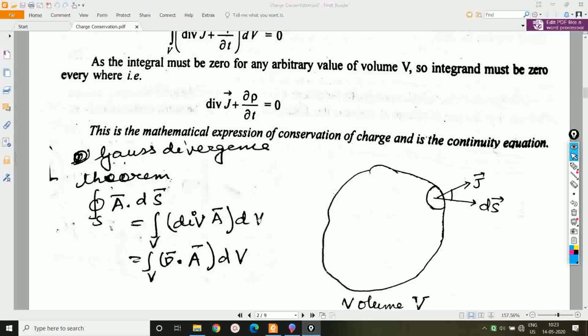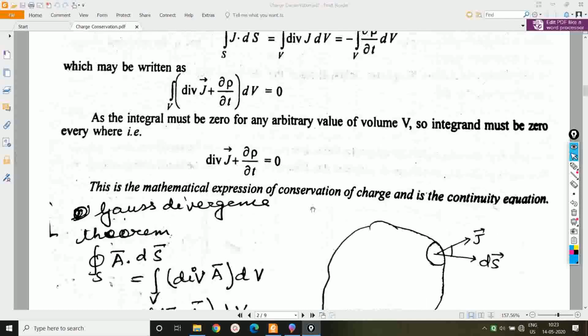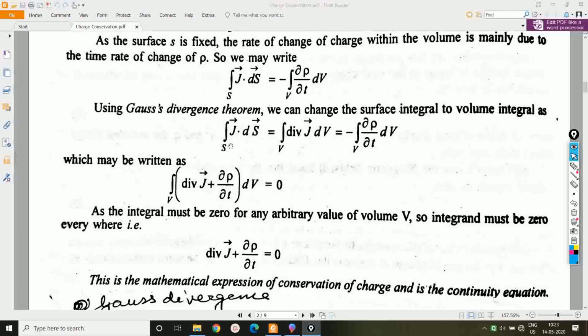So if instead of A you put J here, you will get the surface integral of J dot ds equal to the volume integral of divergence of J dV. Hence, using Gauss's divergence theorem, the surface integral of J dot ds becomes the volume integral of div J dV, equal to again the negative volume integral of del rho del t dV, which is already there.